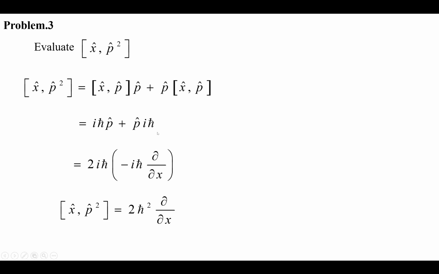That will give us 2iħ as common, taken out. Then instead of p you can substitute minus iħ ∂/∂x. And of course i times i squared is minus 1, so that will give us plus. The answer of the commutation [x, p²] equals 2ħ² ∂/∂x.